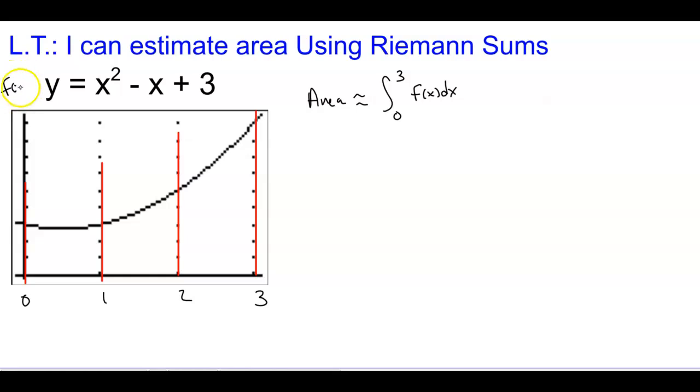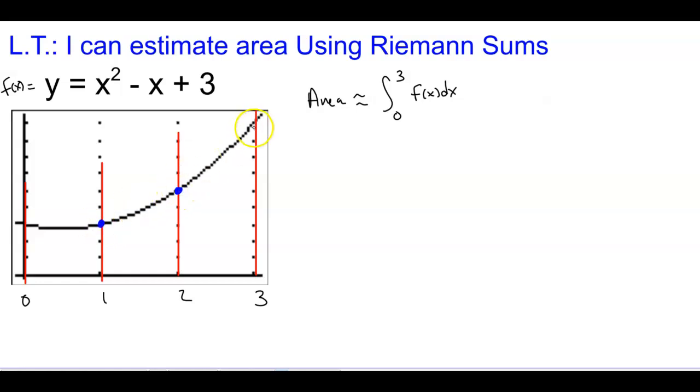But remember, f of x can also be called y. So I'm looking for the area underneath the function between 0 and 3. Notice that's my starting interval to the ending interval. What we're going to do is define this by looking at something we do know. We know rectangles. So I'm going to look at a rectangle based off of the right endpoints.